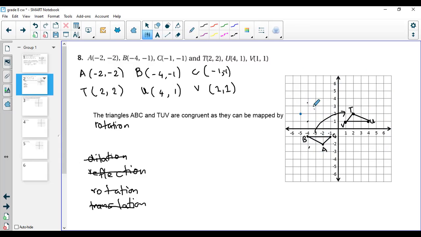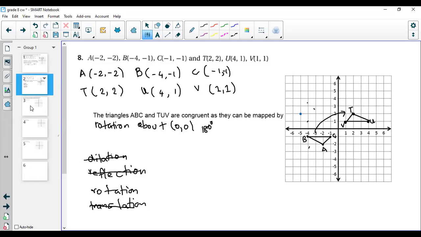But this has moved to the other side, which means it is a rotation about 0, 0 of 180 degrees. It's not 90. 90 will only move it to another coordinate, but this has moved to the other side.